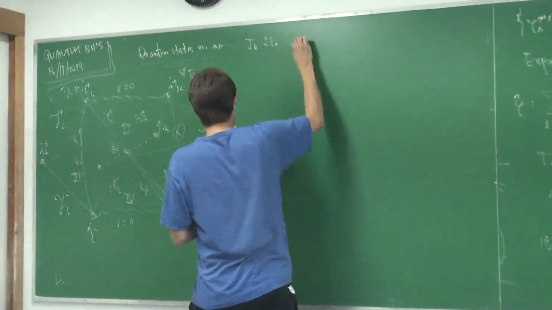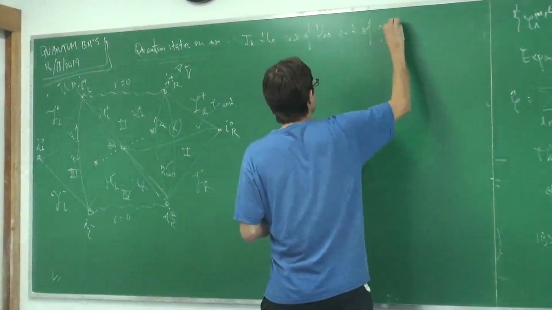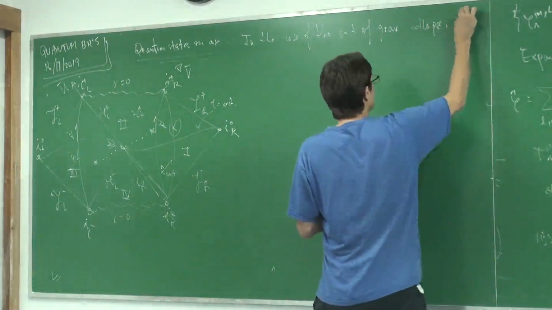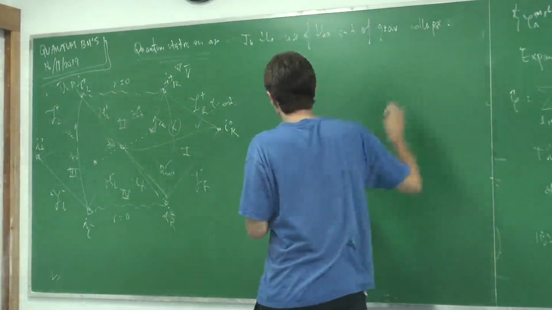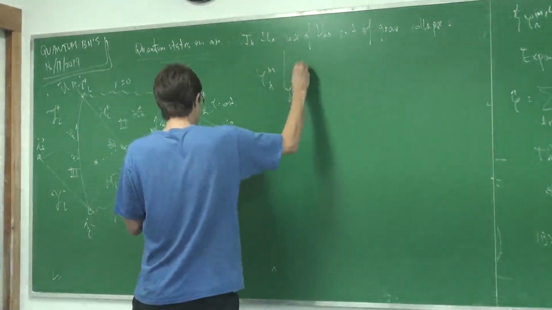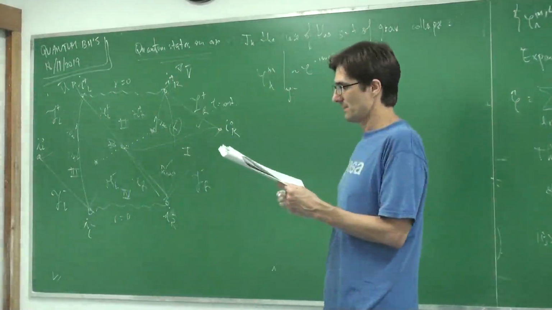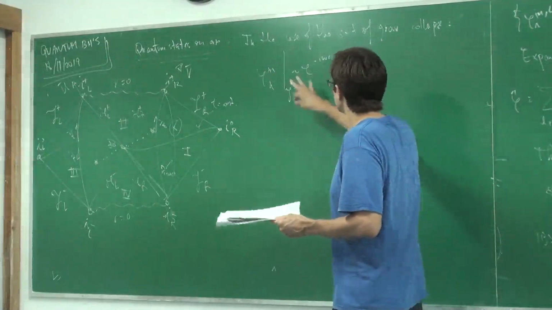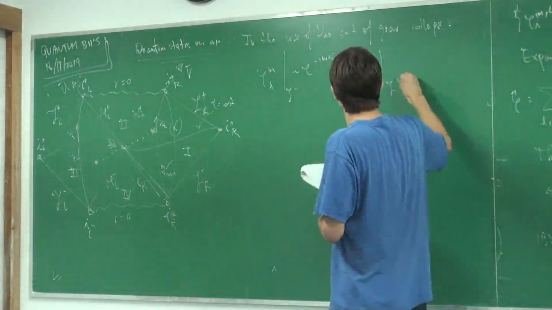So in that case, phi in at chi minus, remember we derived the relationship between these modes and the out modes at chi plus.